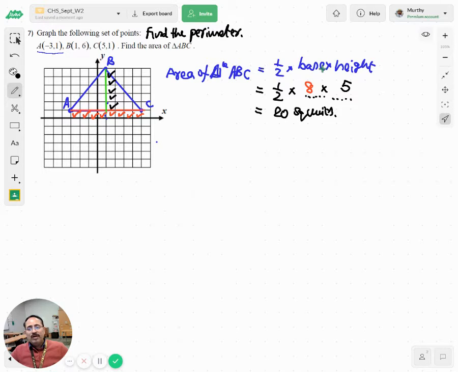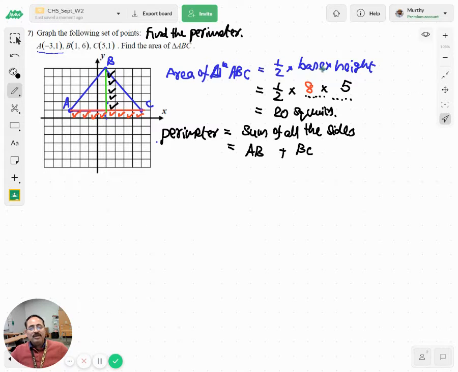So I know that perimeter, it's a triangle, so I have to take the sum of all the sides. So in this triangle, length of AB plus BC plus AC.